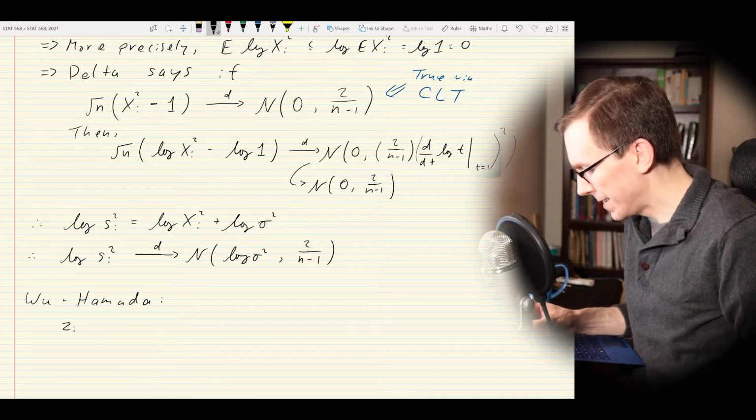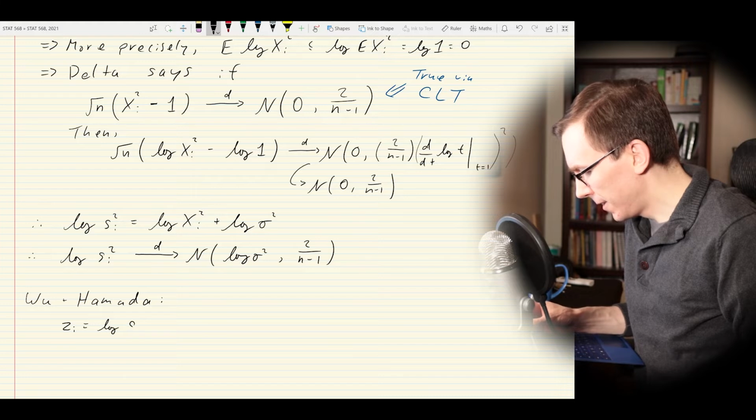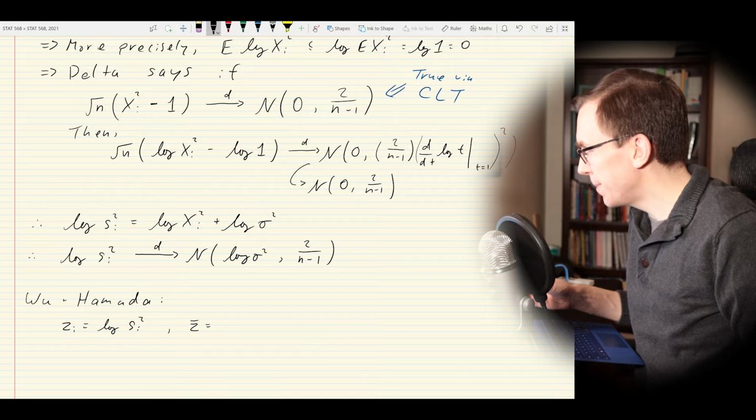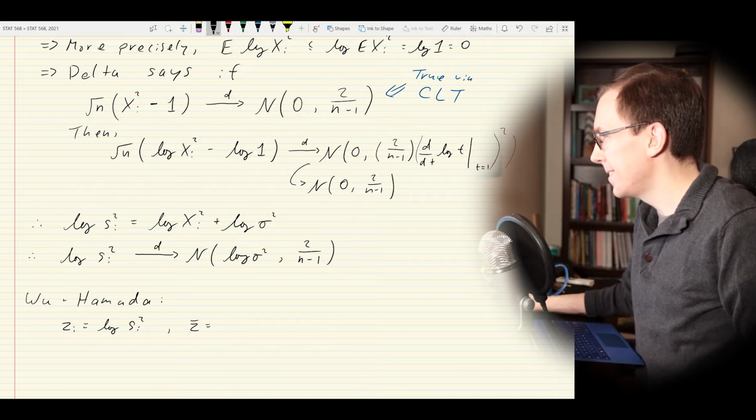We're going to define Z_i to be the log of S_i squared, and we're going to define Z bar to be a weighted sample mean.